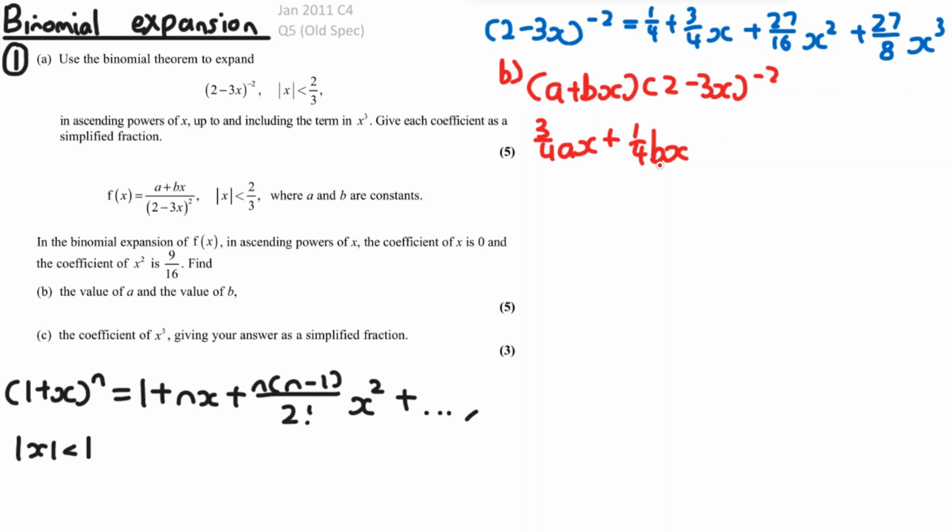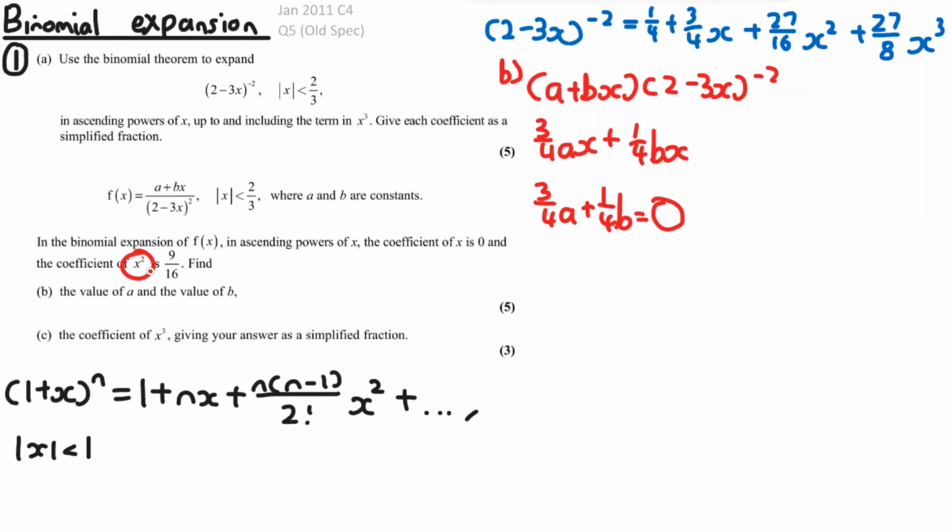These are going to be the only x terms that are present when this multiplies by this. So therefore the coefficients are 3 over 4a plus 1 over 4b, and this is equal to 0.